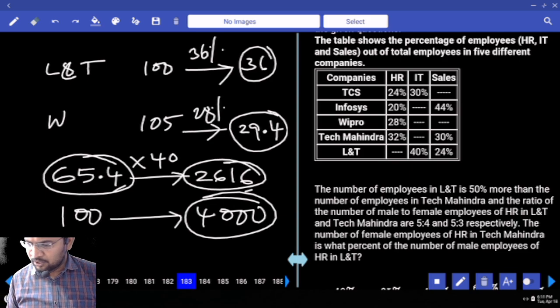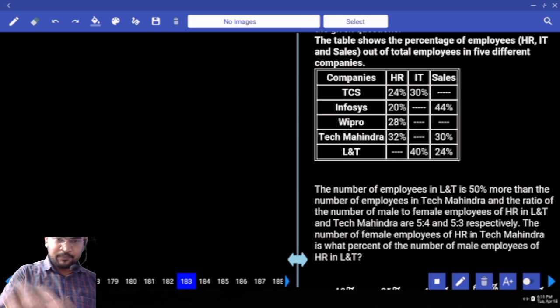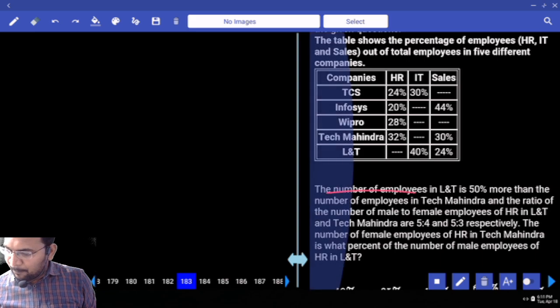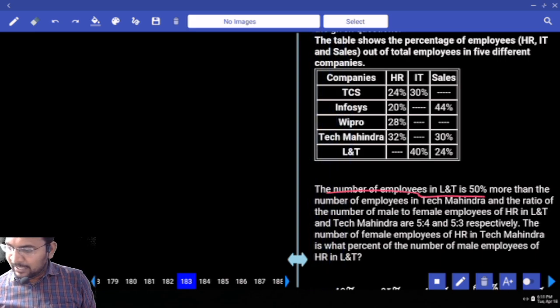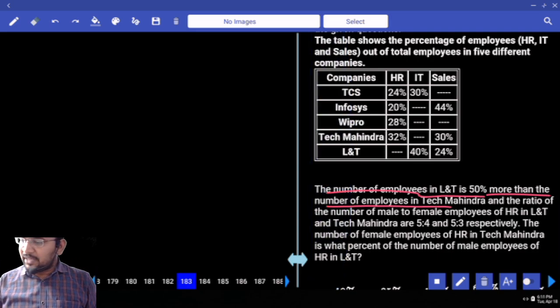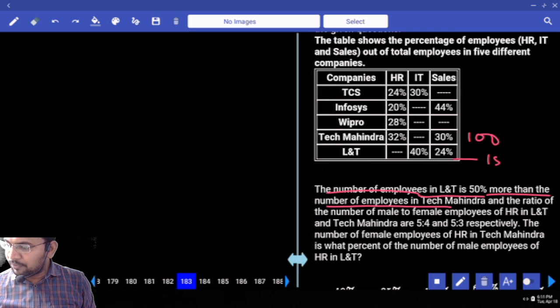Next question. The number of employees in L&T is 50% more than the number of employees in Tech Mahindra. If Tech Mahindra is 100, L&T is 150.